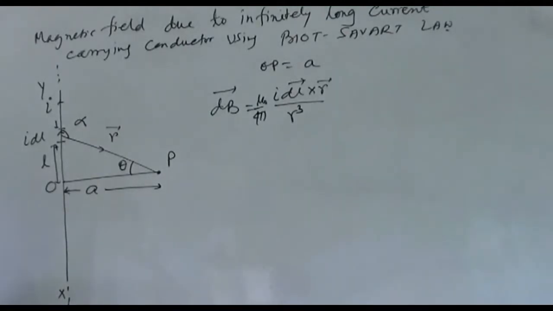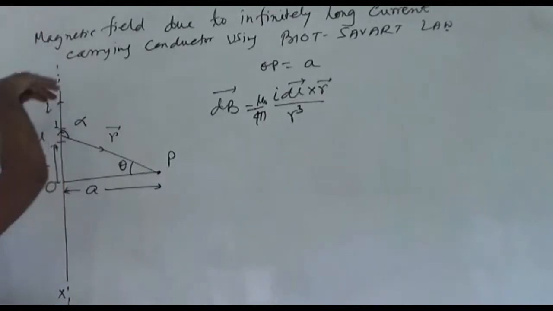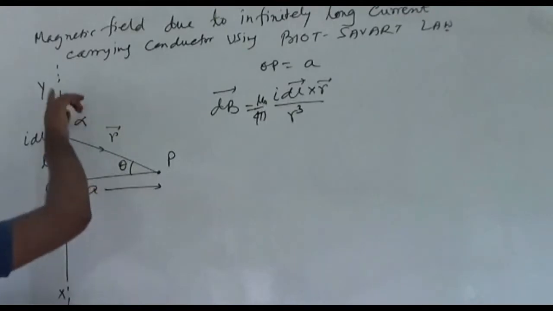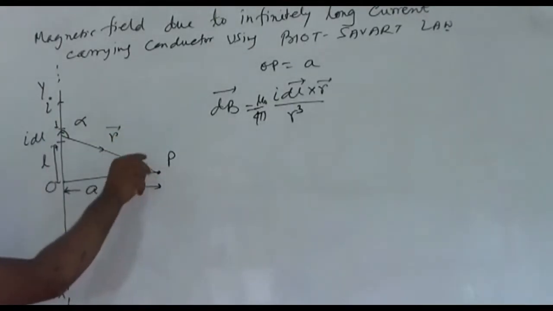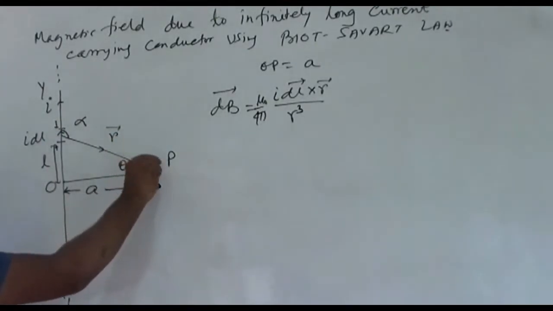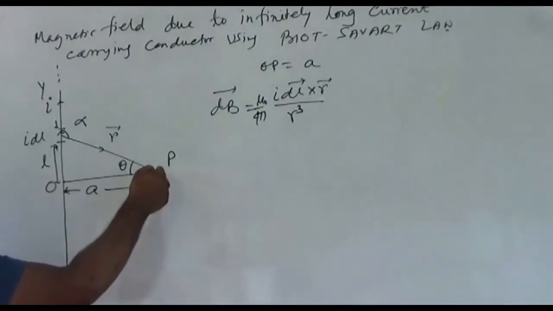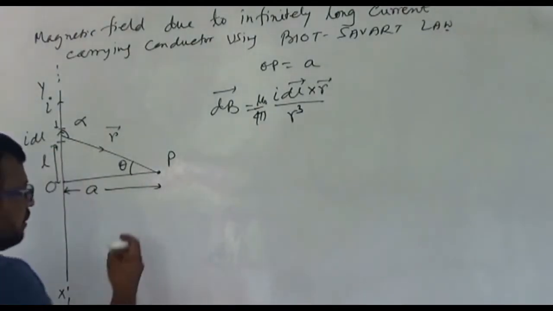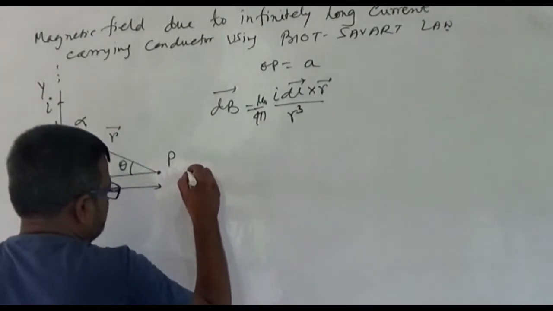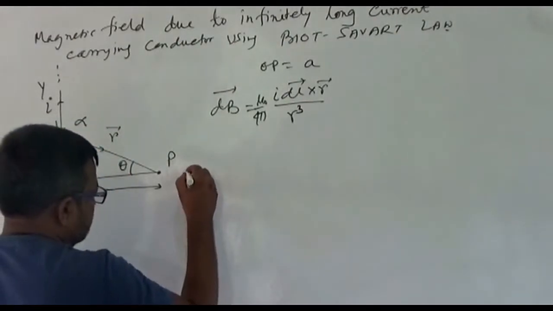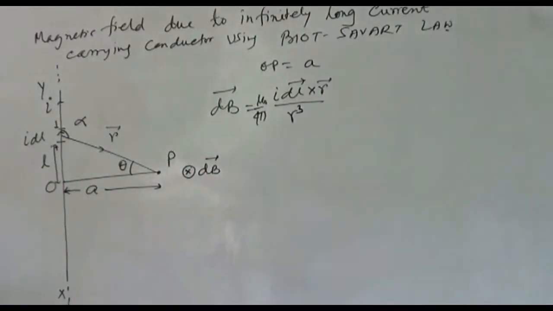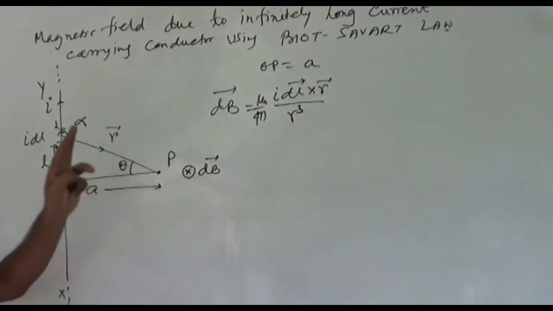This is Idl and this is R. Now rotate a right-handed screw from Idl to R. That means the rotation is clockwise, then the screw advances into the board. That means the field at P due to this current element is perpendicularly into the board. This will be the direction of dB.